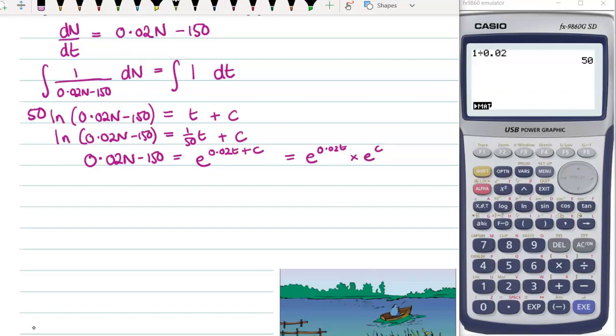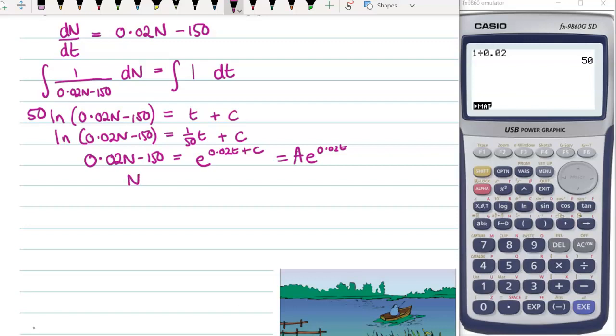e to the c itself is just another type of constant, because e raised to the power of some unknown constant is still going to be an unknown constant, so we can make this easier on ourselves by calling it just one constant. So if we're timesing by a, it's the same as if I'd brought that a in front like this, and that's a little easier to do our calculations with.